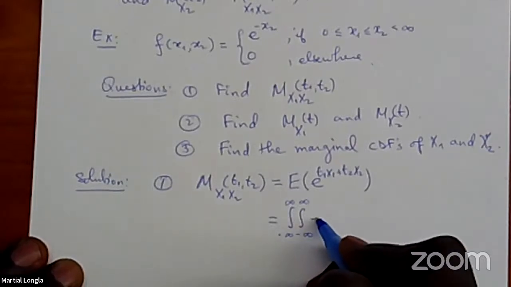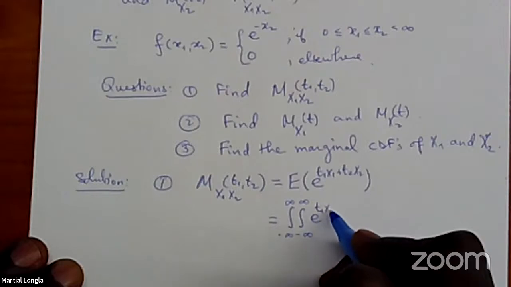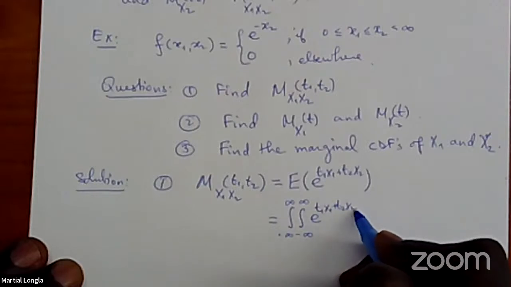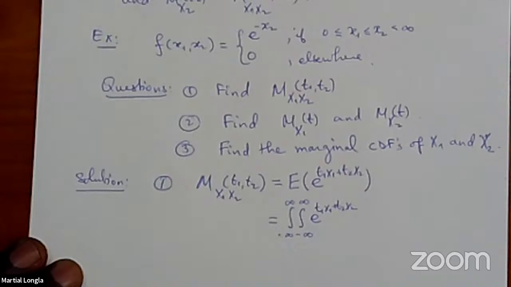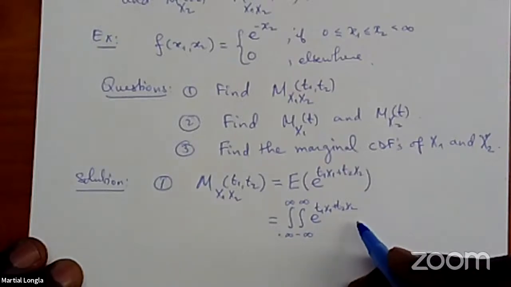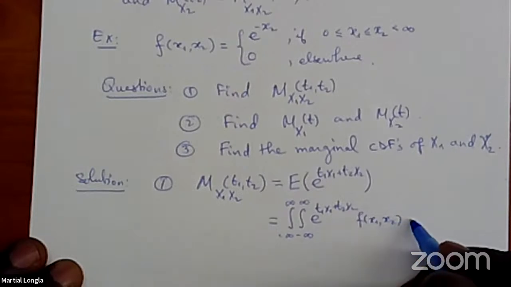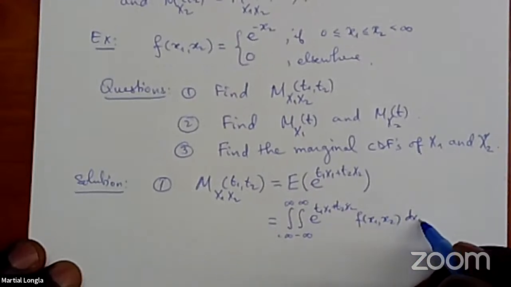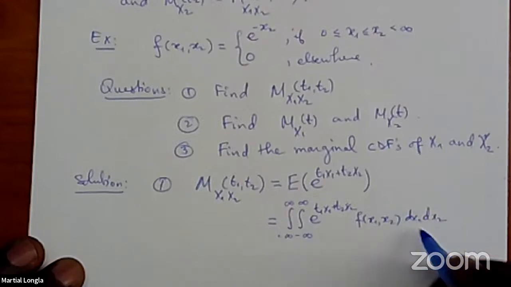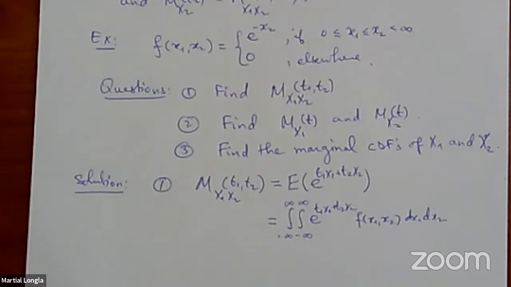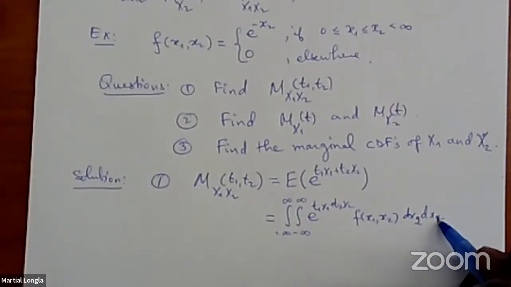And the function is e to the t1 x1 plus t2 x2 times f(x1, x2), dx1, dx2. Or we could put dx2 dx1 first, and then start thinking how to continue. Yeah, let me go dx2 dx1.